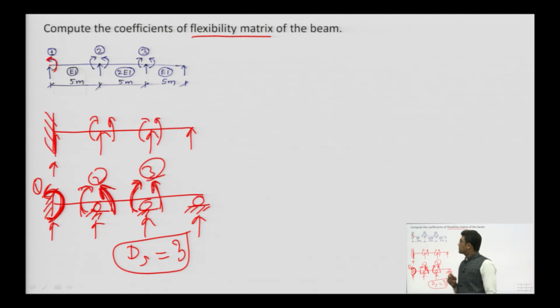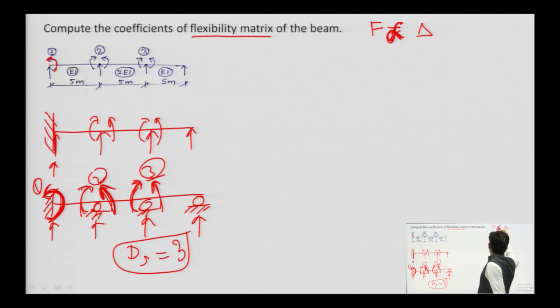Now we need to make a flexibility matrix. Let me first define what the flexibility matrix is. Say F is directly proportional to displacement, then F is equal to k into x.